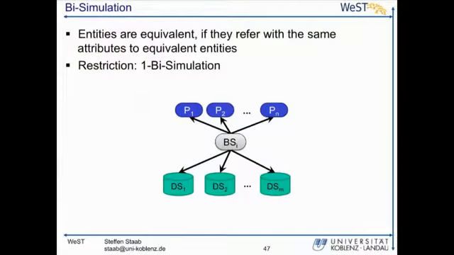Then we have entities, and we say they're equivalent if they refer to the same attributes, to equivalent other entities. And what we do here is we compute one bisimulation. So if you have a little bit of background in XML schema induction, people like Abiteboul computed data guides in order to come up with a schema description of XML documents that don't have an explicit schema description.